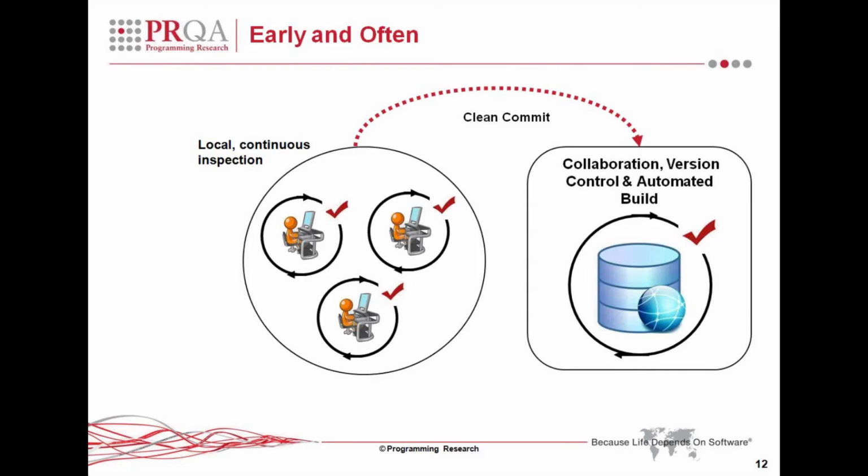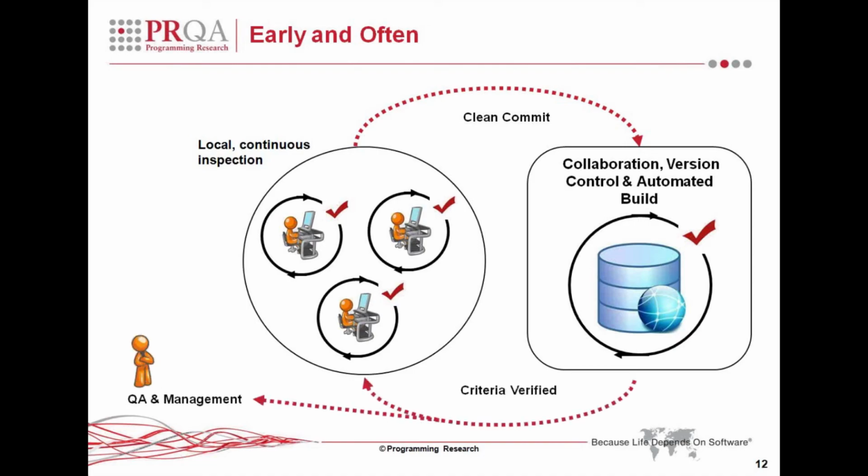So if you wanted to actually dial back the inspection criteria that the developers are using on their desktops to speed up the inspection process, because sometimes these inspections can take quite a bit of time depending on the methodologies and types of analysis that are being run, you can run an automated inspection during the automated build process to allow a more rigorous inspection of the code that's checked into version control. And again, the collaboration platform can notify the users of any defects that are detected during that process.